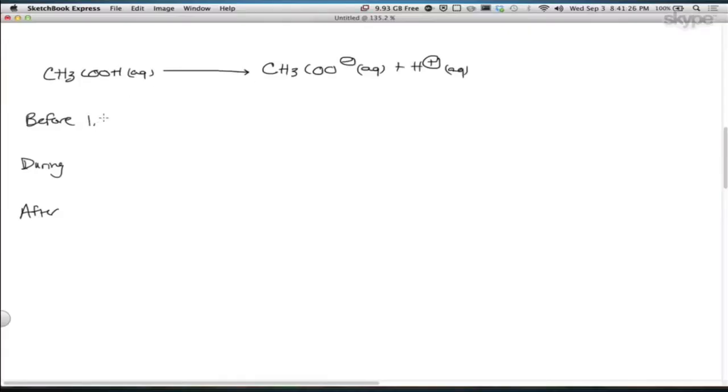Before we continue with the math, let's get a prediction. What could you predict about your answer? The pH is going to be below 7, because we've added acid. Okay, good. Let's continue.